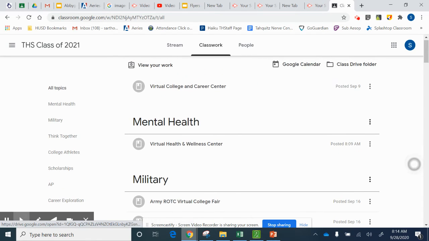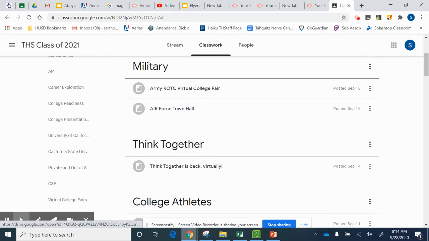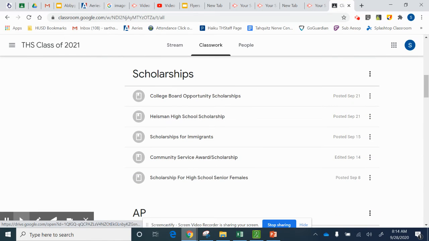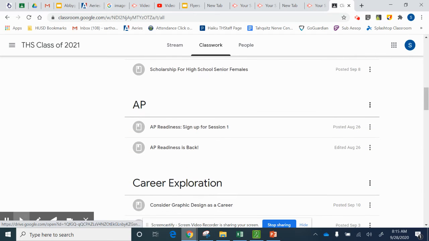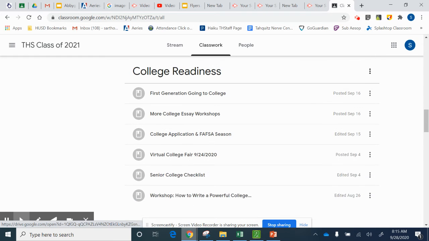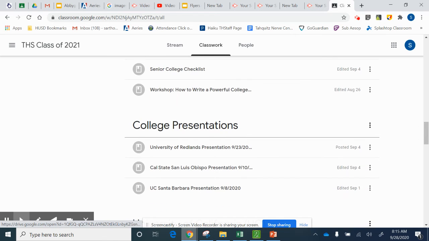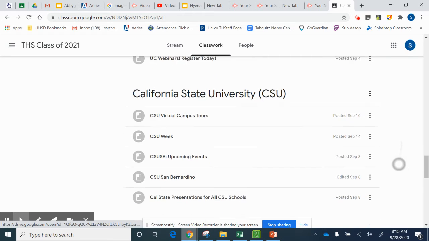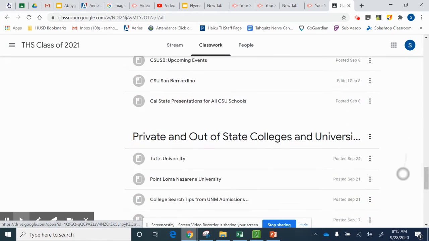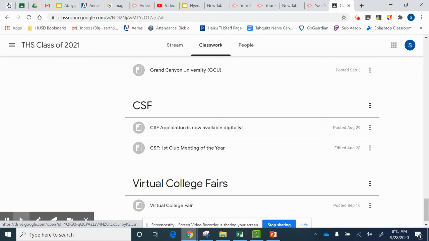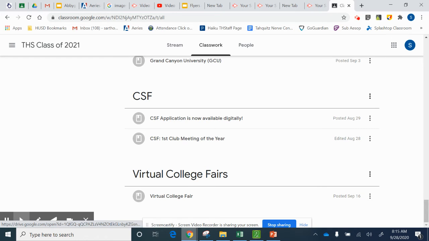So there's the College and Career Center, Health and Wellness Center, military information, Think Together, college athletes, scholarship information, AP information, career exploration, college readiness, college presentations, information about the University of California system, Cal State University system, private and out-of-state colleges and university information, CSF, and virtual college fairs.